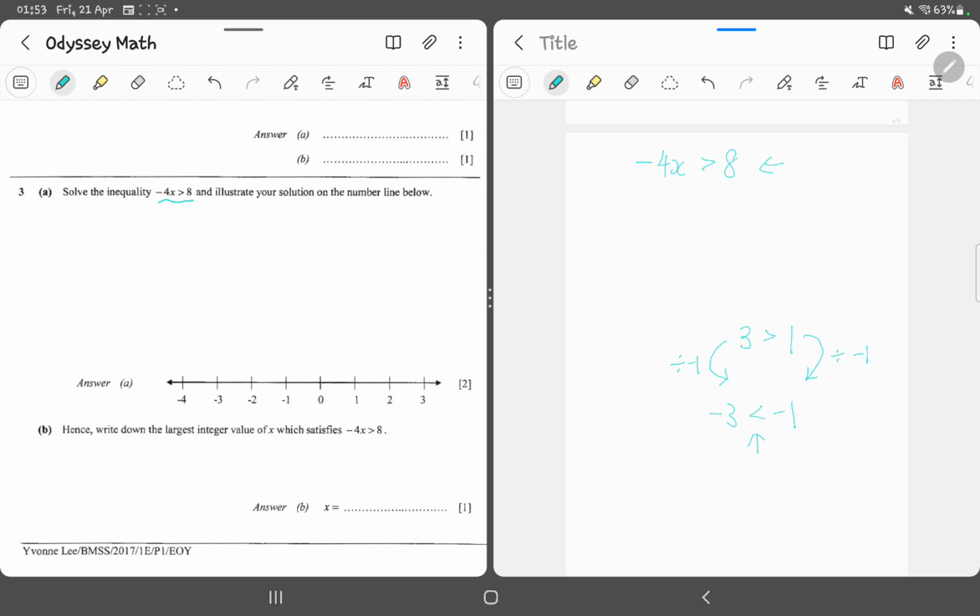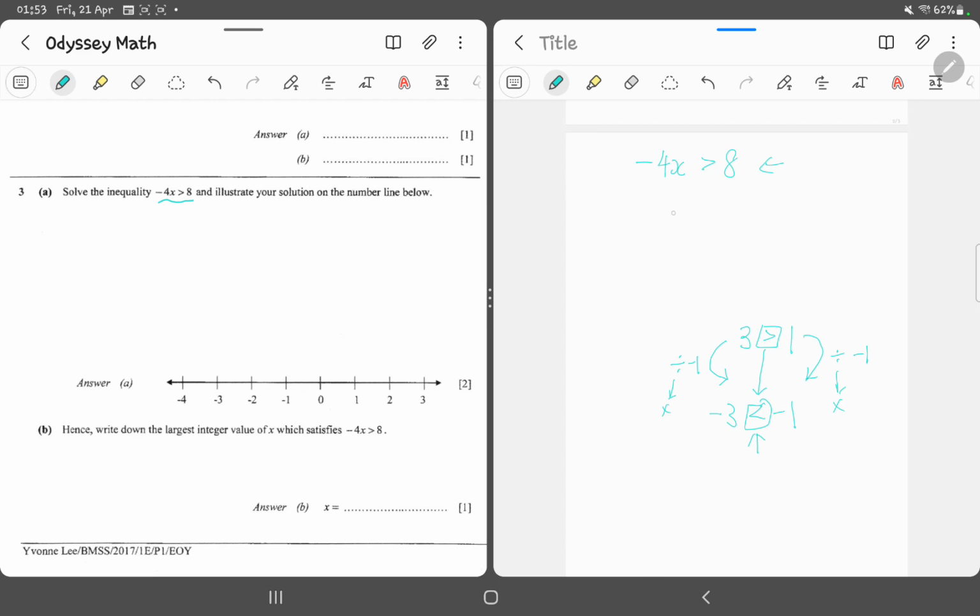Minus 3 is actually less than minus 1, based on looking at these two numbers. So do you realize that the sign was more than, and then it swapped and became less than. That is why when you divide or times by a negative number, you must swap the sign.